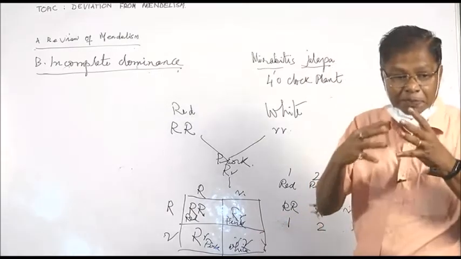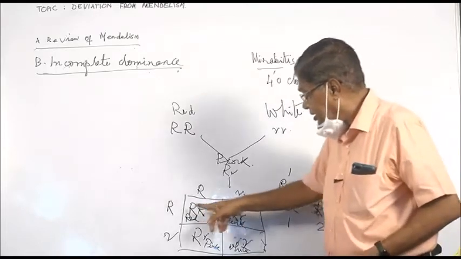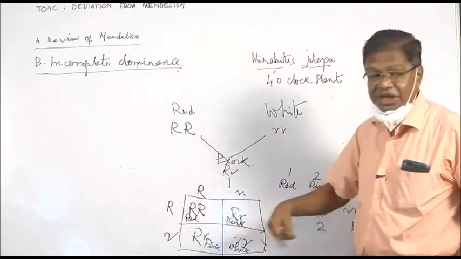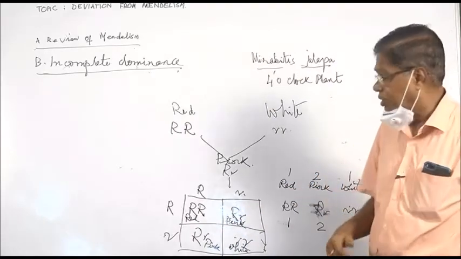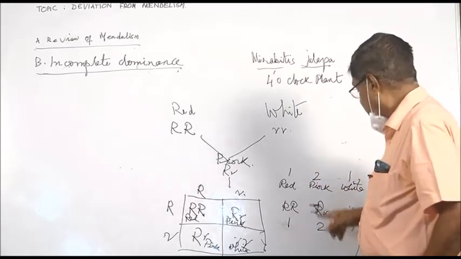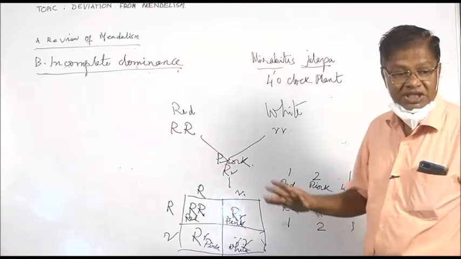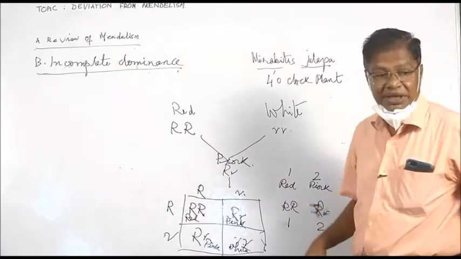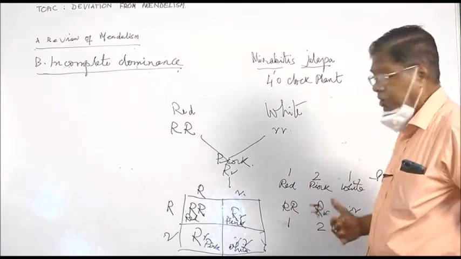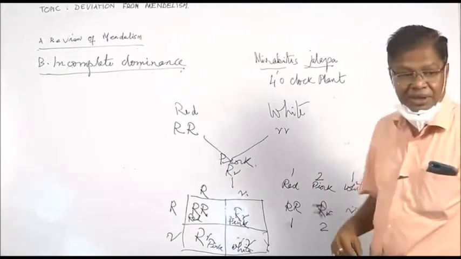When the pink plant in the F1 generation produces gametes and there is a cross, we find a phenotypic ratio of 1:2:1, that is 1 red, 2 pink, 1 white. The genotypic ratio is the same as the phenotypic ratio, 1:2:1.